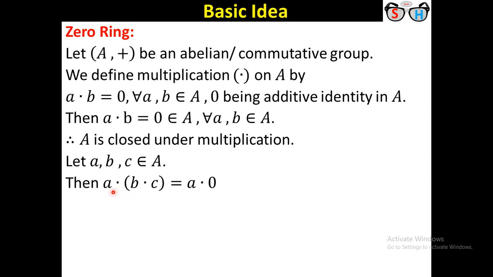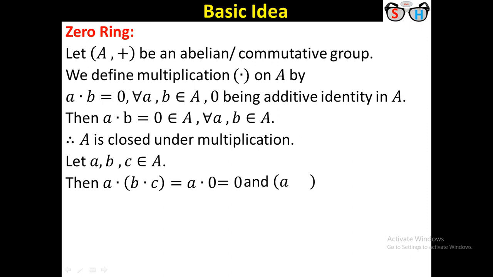So please see a·(b·c): here b·c is 0, from the definition of multiplication, since the product of two elements is always 0. Therefore a·0 will be 0, because a is an element of A as well as 0 is also an element of A. Therefore the multiplication of those two elements must be 0 from the definition of multiplication.